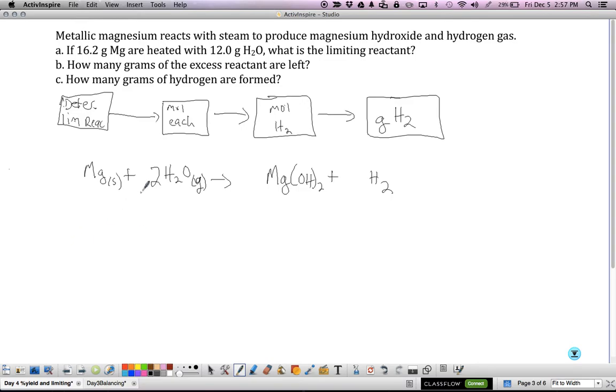So the next thing that I'm going to do is I'm going to do this weird trick where I answer how many grams of hydrogen are formed, and I'm going to use that to determine the limiting reactant.